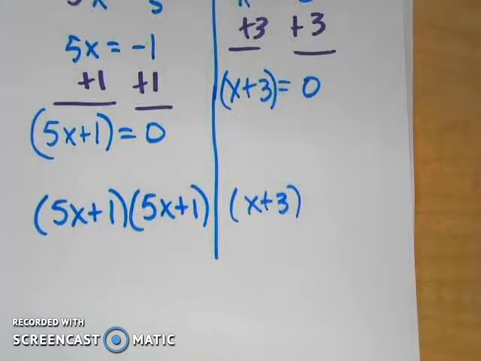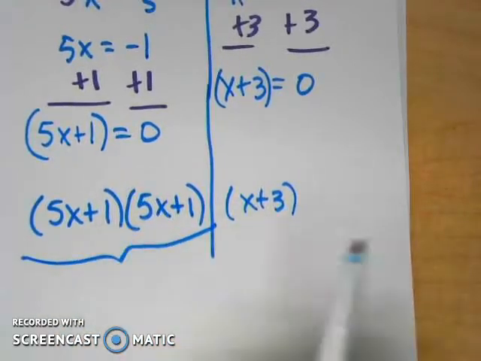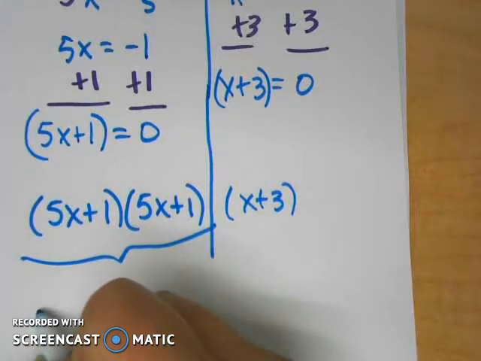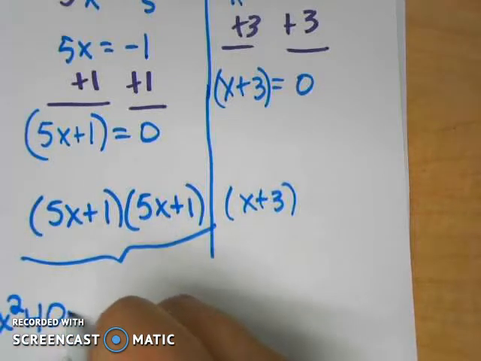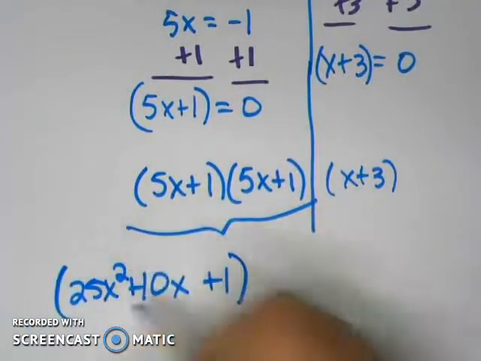So now we just want to multiply that all together in order to find our polynomial in the least degree. I'm going to start by multiplying the double root solution, or the double factor. So that is going to be 25x squared plus 10x plus 1. My apologies for going off screen there.